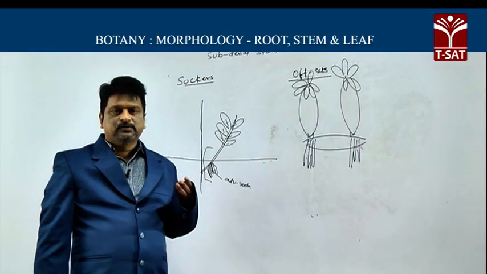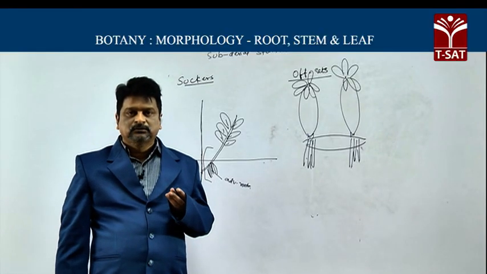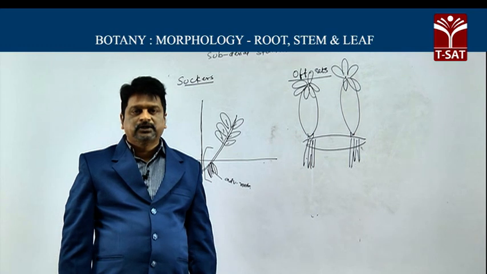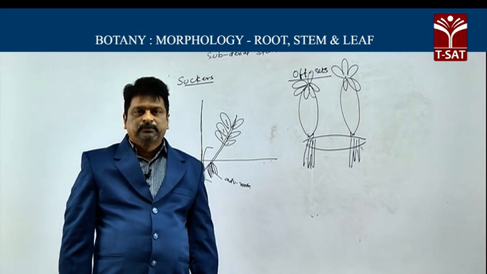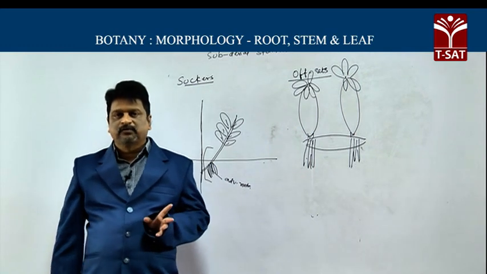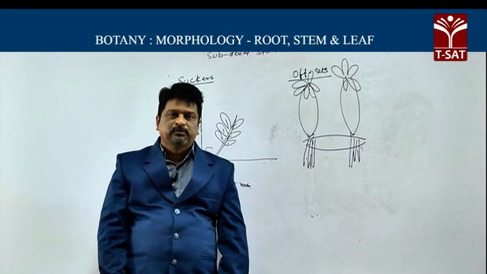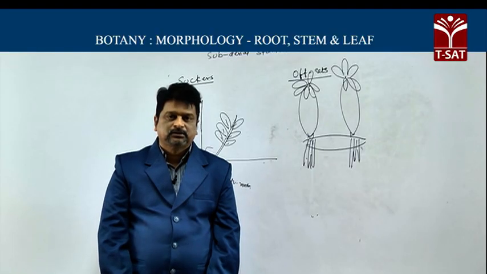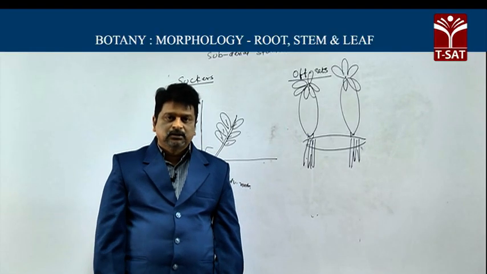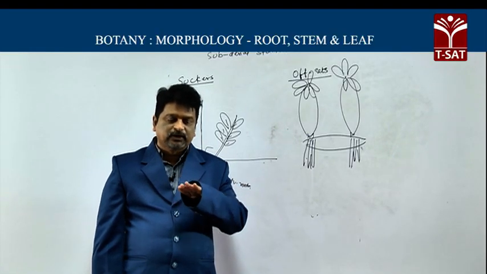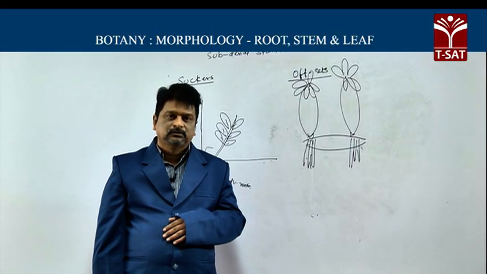Examples for offsets: Pistia and Eichhornia. Pistia, common name is water lettuce. Eichhornia, common name is water hyacinth. Here Pistia and Eichhornia, both are free floating hydrophytes.